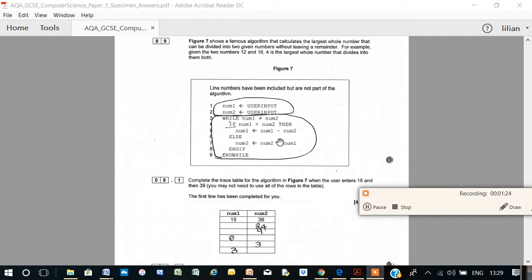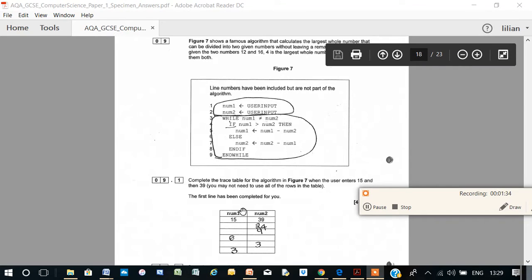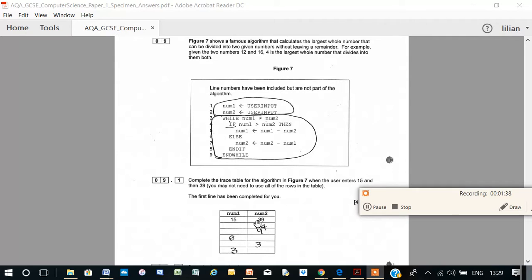Okay then, let us now analyse and do the trace table. It's given you this with just 15 and 39, not the rest, and num1 and num2. So here we go. Num1 is equal to 15, user enters 15, num2 is equal to 39. Is num1 not equal to num2? Well, 15 is definitely not equal to 39.